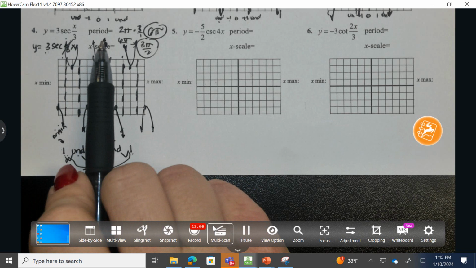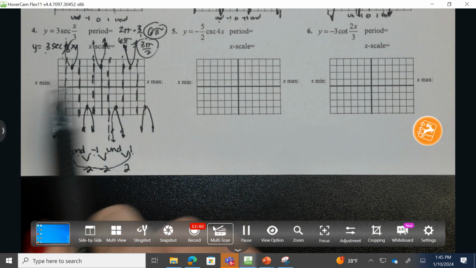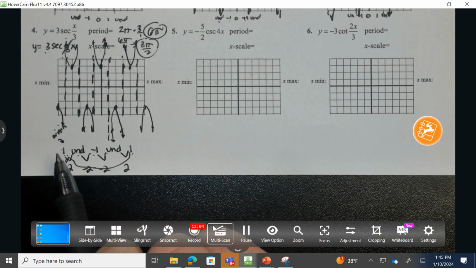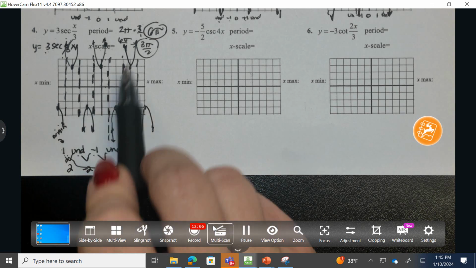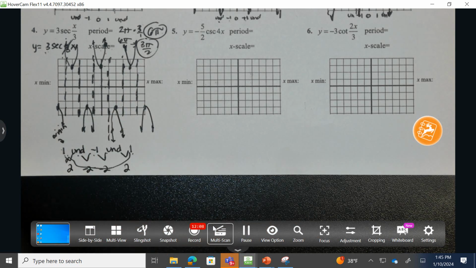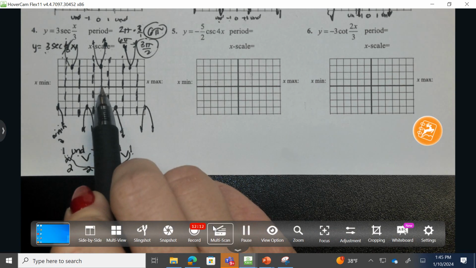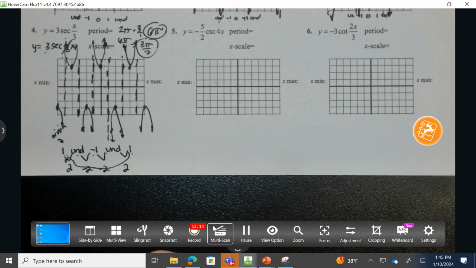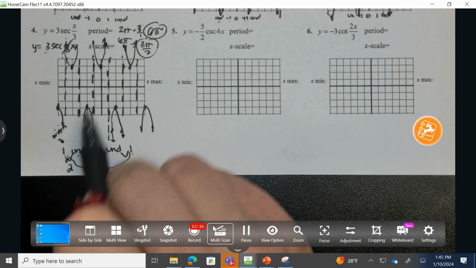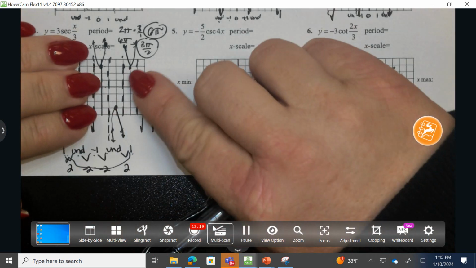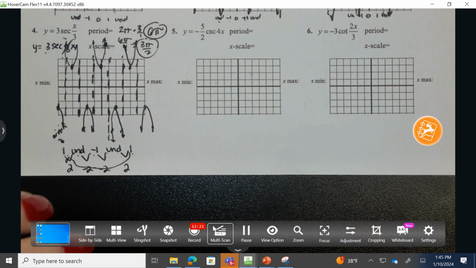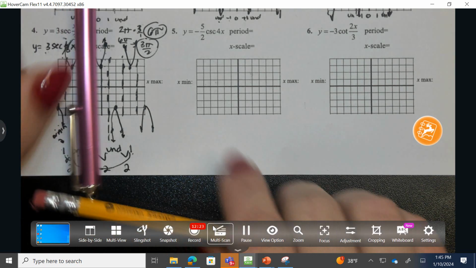All right, so 1 period is 6 pi. So let's count here. 1 cycle here, let me go back here. 1 cycle here is a distance of 6 pi. So a cycle begins here and it ends here. I need to cut this off with, there we go.